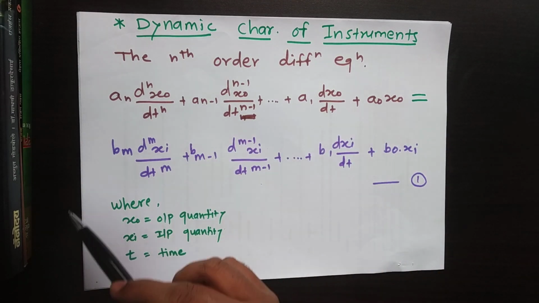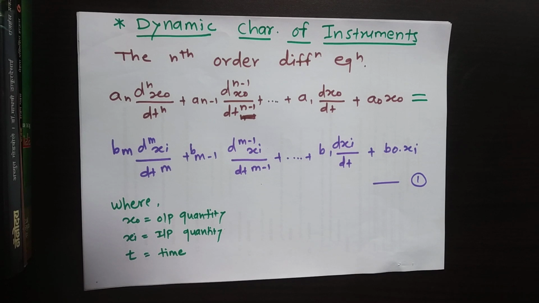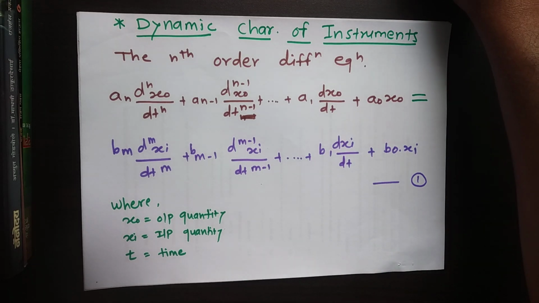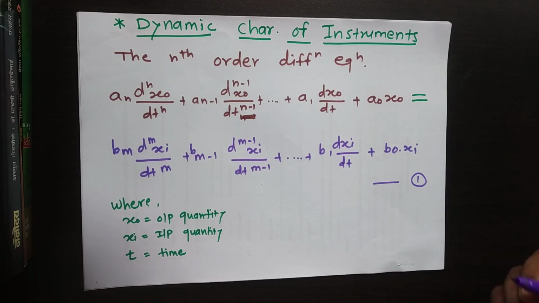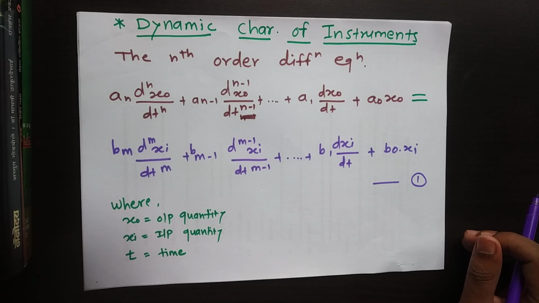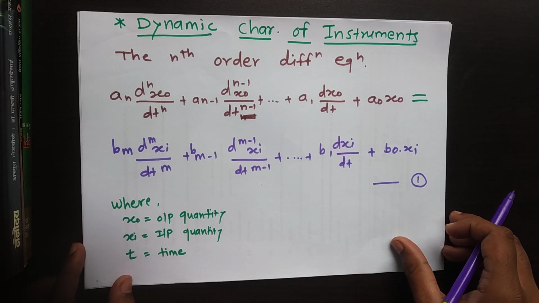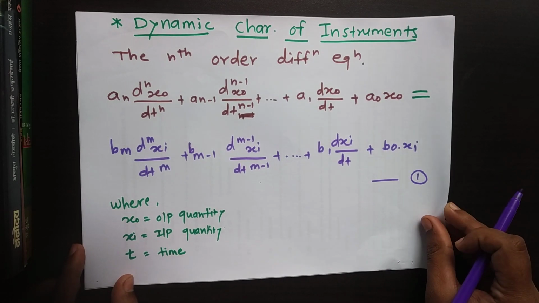So maybe I think you have understood this concept regarding the nth order differential equation. Okay, and based on this nth order differential equation we will define the zeroth order instrument, first order instrument and the second order instrument. So this is the generalized term of the dynamic characteristic of the instrument.